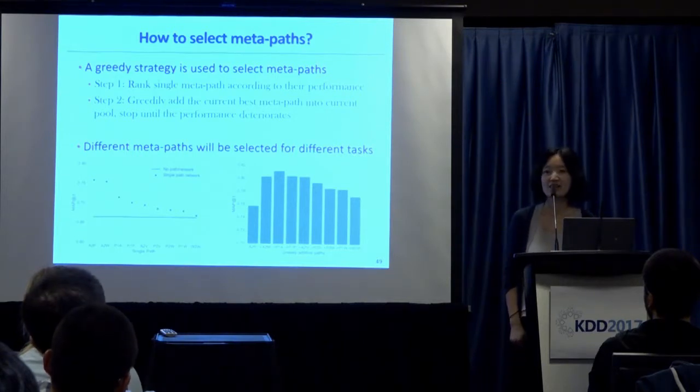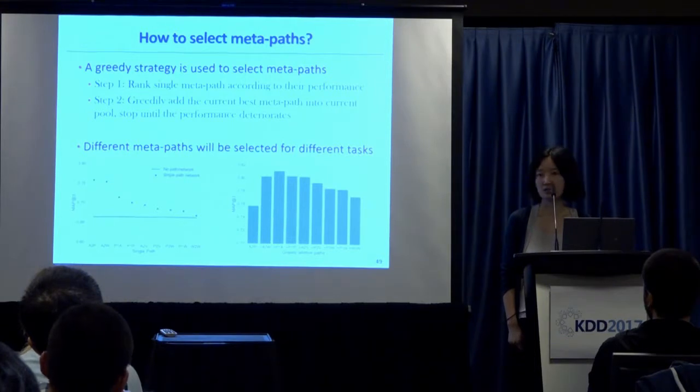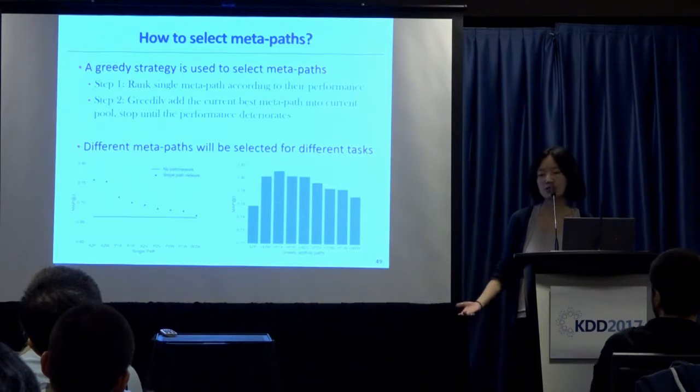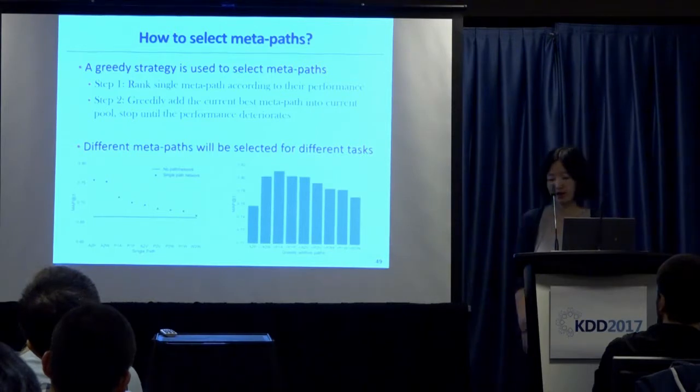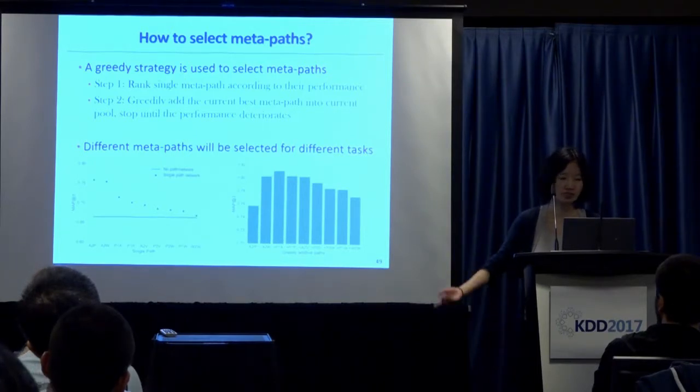It turns out the embedding is so sensitive to those weights that even with grid search, it's very difficult to identify the best weight. So we said, if we cannot really learn those weights, how about we do selection? Instead of learning a weight, we just rank them.